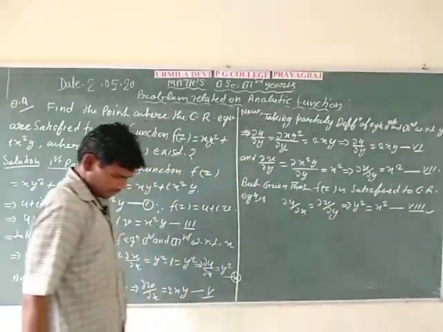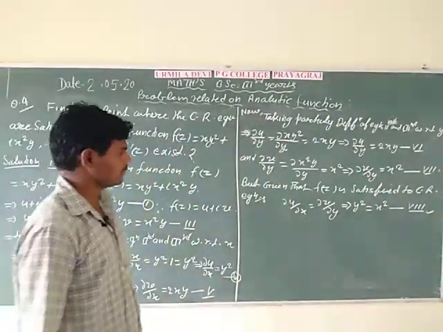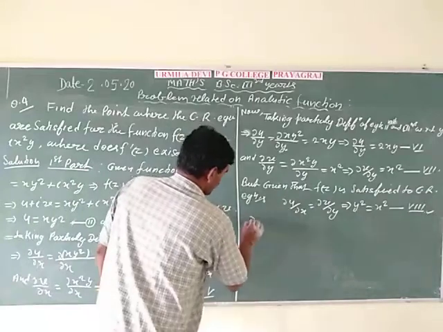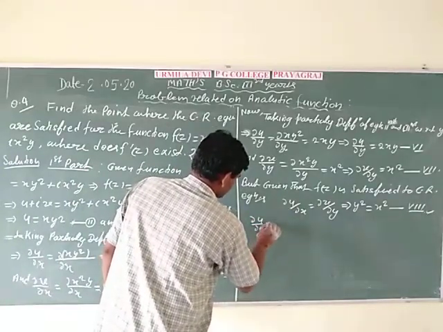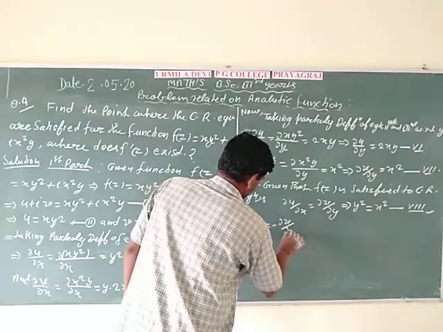And with the help of the second CR equation, del u by del y is equal to minus del v by del x.